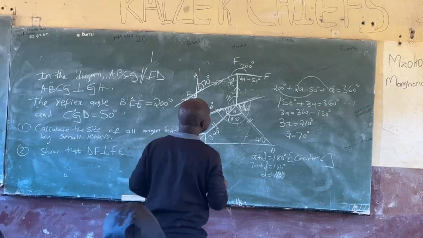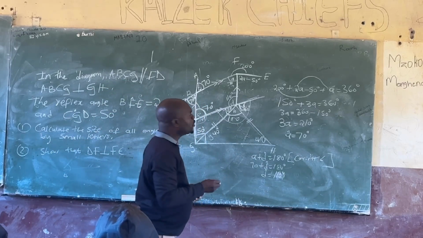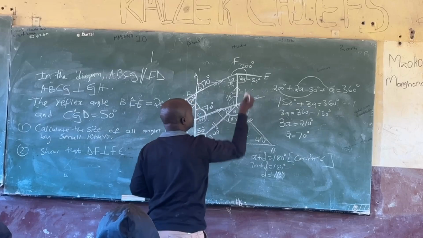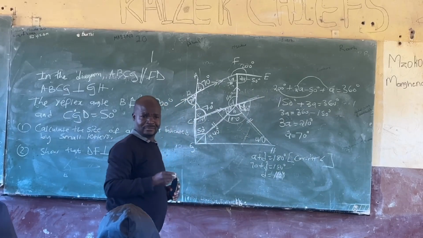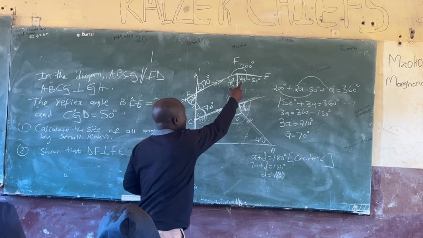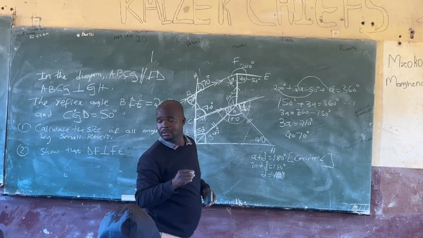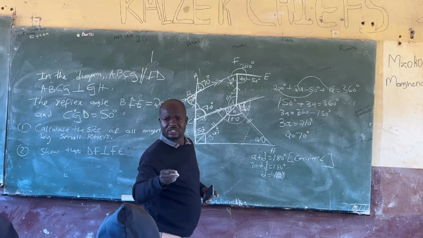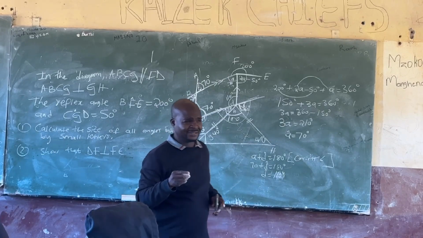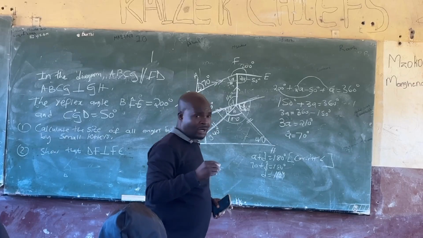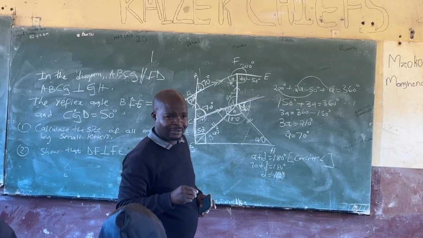Let's check it. You want to know the angle of this? My angle is 70. Can you multiply 2 times 70? 140. 140 minus 50 is 90 degrees.